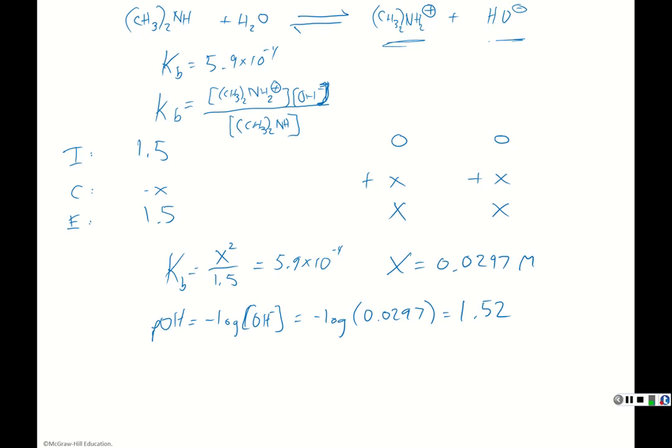Okay, we're still not done because the question's asking for pH, not pOH. So remember that relationship, pH plus pOH equals 14. So pH is just going to be 14 minus pOH, or 14 minus 1.52.